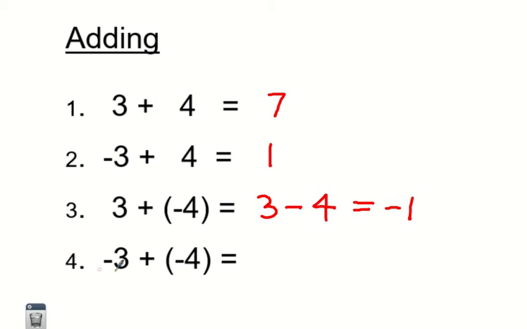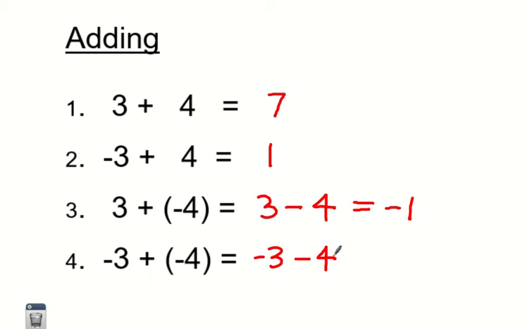And again, number 4, adding a negative number is the same as just subtracting it. So it's just the same as to say negative 3 minus 4. And what is negative 3 minus 4? Again, you're at negative 3 and you're subtracting 4. Like you're getting even more negative, more to the left on the number line.